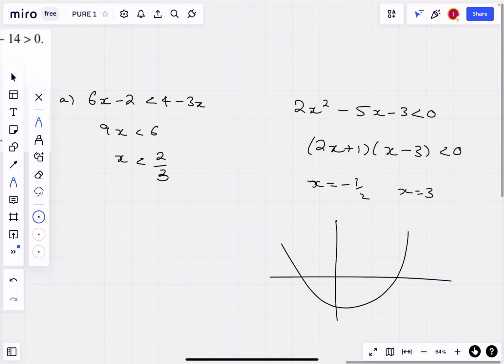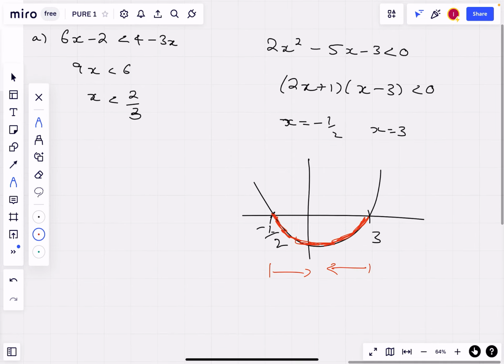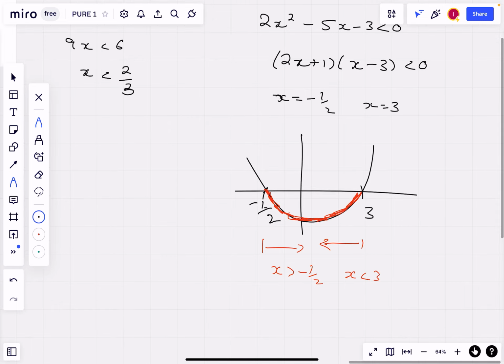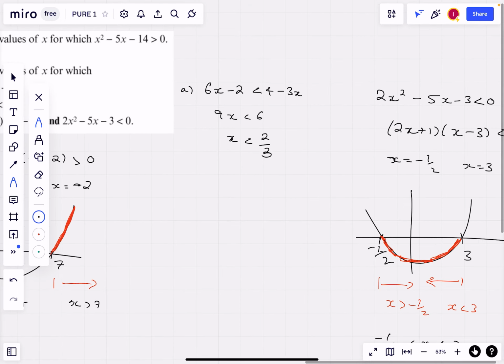You draw minus a half, 3, less than 0, meaning you are highlighting the portion underneath the axis. So x is greater than minus a half, x is less than 3. Arrows are going towards each other, so you can combine: minus a half less than x, which is less than 3. Okay, that's part A done.